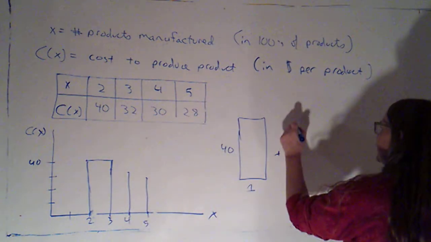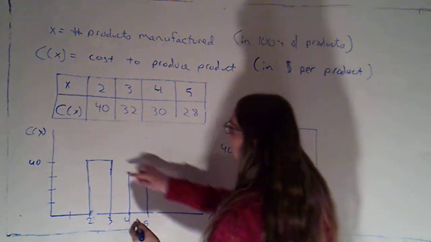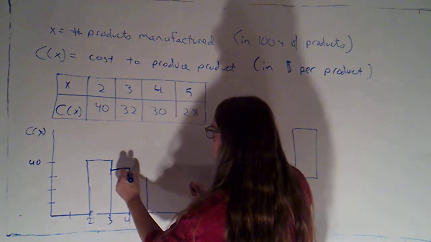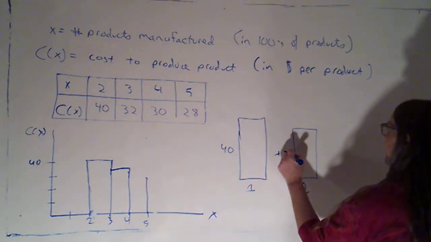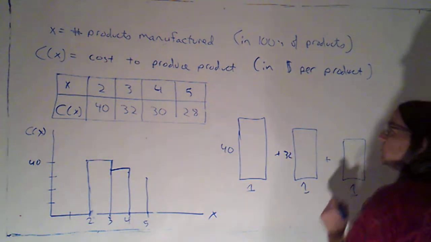Plus, the next one, the base is still 1. The height, if I look at my left endpoint, is at 3. That height is 32, and I'll extend that across. And then for the last one, it's a little bit shorter. The base is still 1.